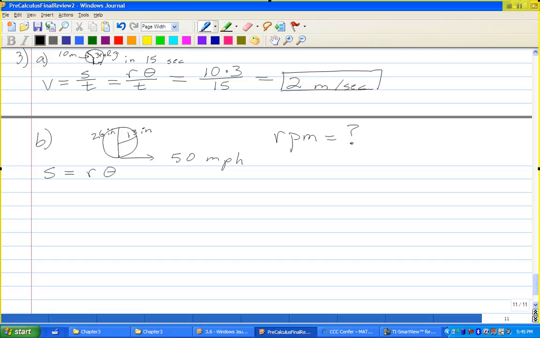Because it's revolutions per minute. So the distance is 50 miles in 1 hour.